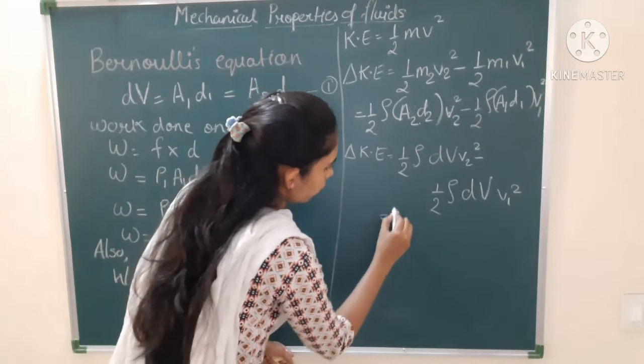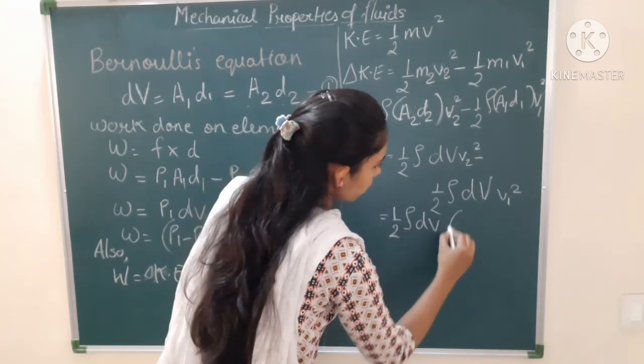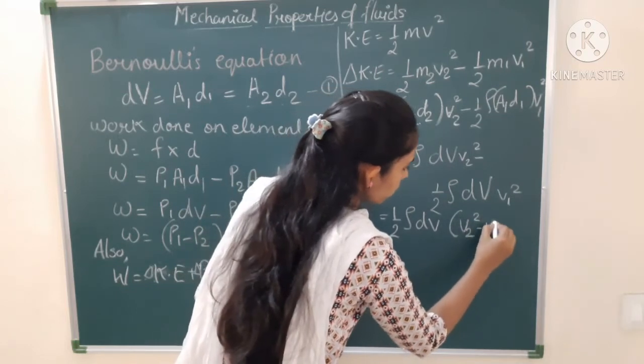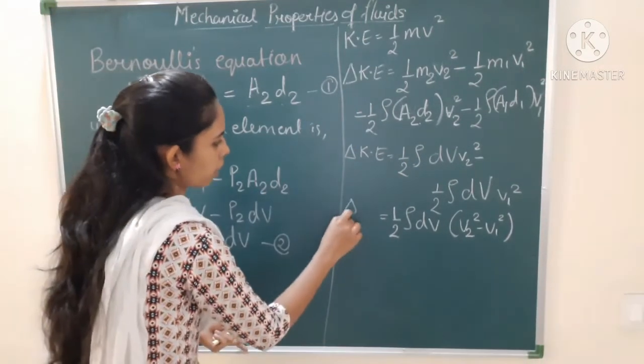Let us write the common terms on one side: rho dV are common, into bracket v2 square minus v1 square. So this is the change in kinetic energy.